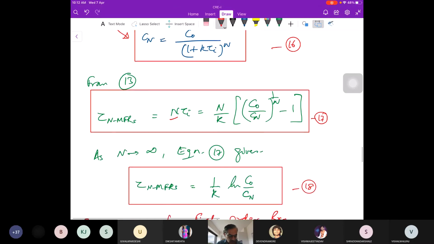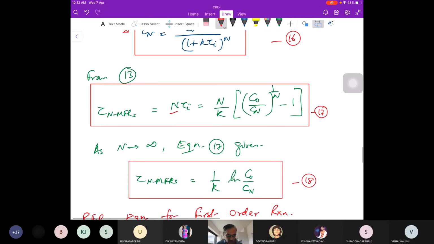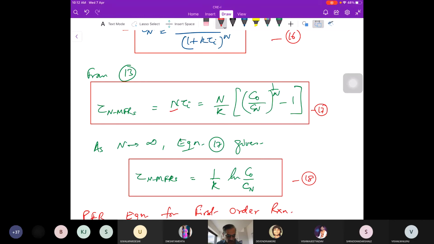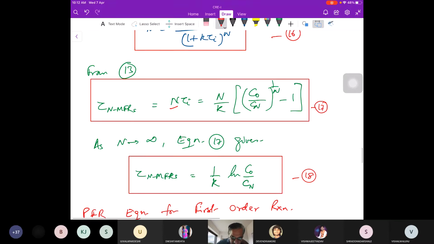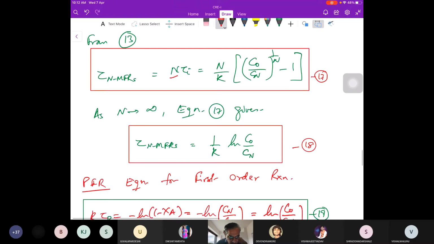Okay, so now what we'll do is we'll say if n tends to infinity, what does equation 17 give? So tau for n mixed flow reactors will give actually 1 by k ln C naught upon Cn. Derivation मेरे को पता नहीं है, but that's what it is. I have not seen it, but assume this is given. So if I take an infinite number of, infinite means basically a large number of mixed flow reactors, I'll get 1 upon k ln C naught upon Cn.